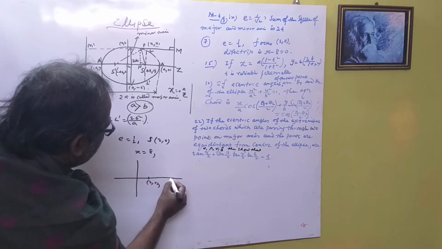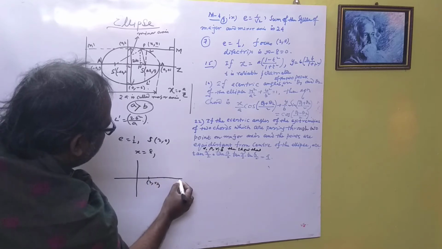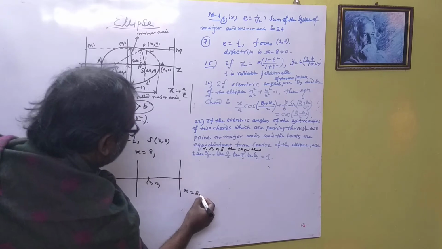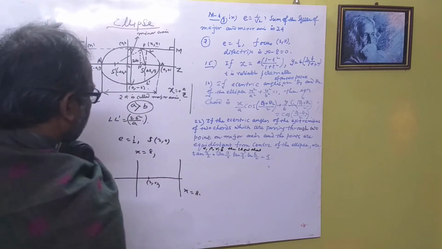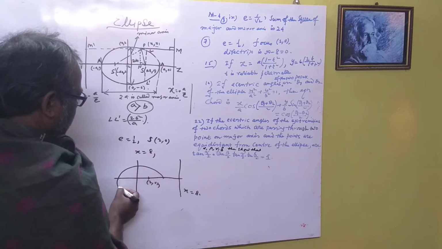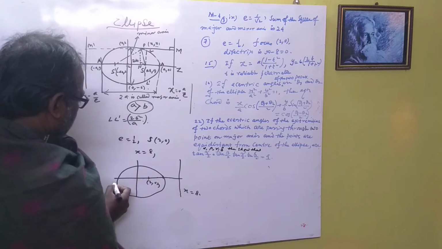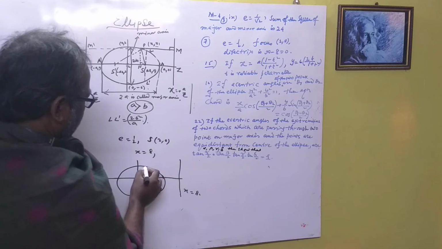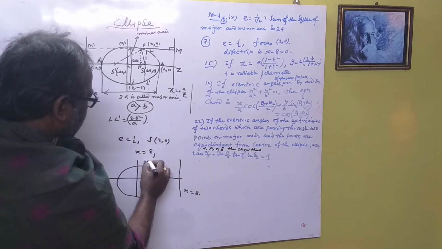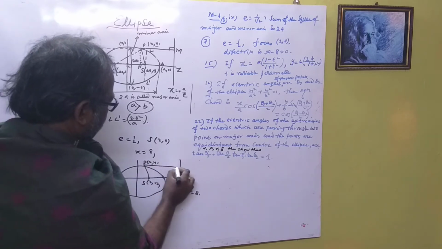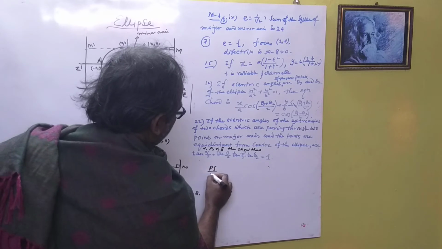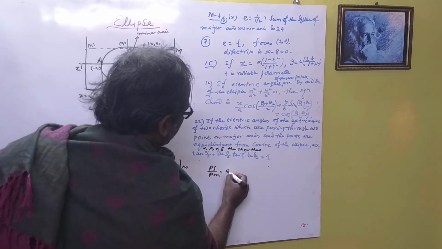This is 8, this is x is equal to 8. This is the focus, so this is your drawing of the ellipse. Now P is this point x comma y, and this is PM, which is perpendicular. Now PS by PM is equal to e.